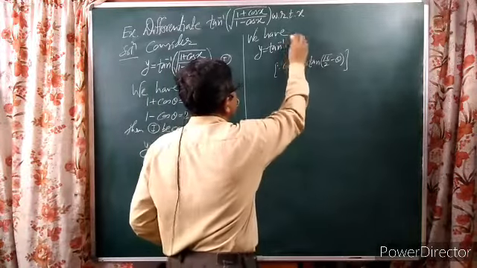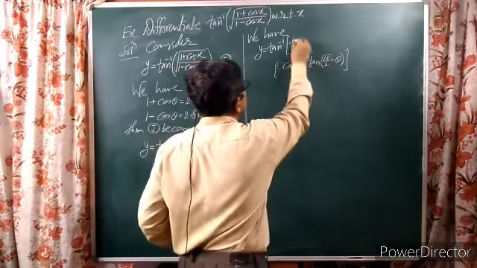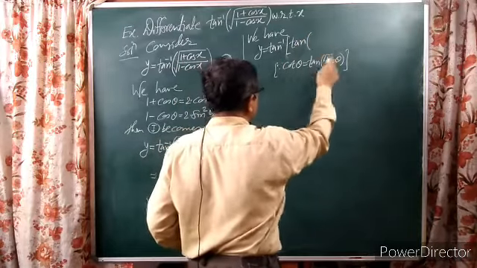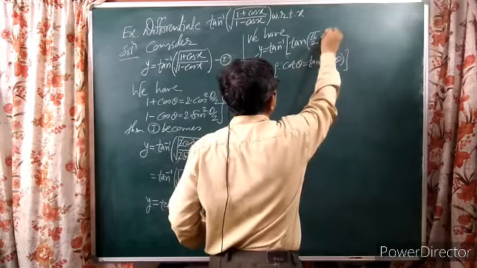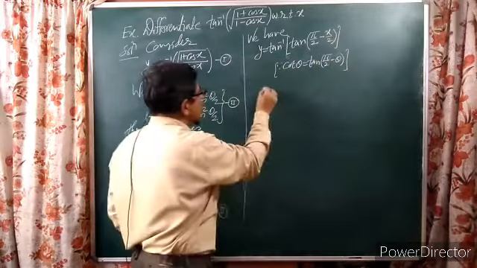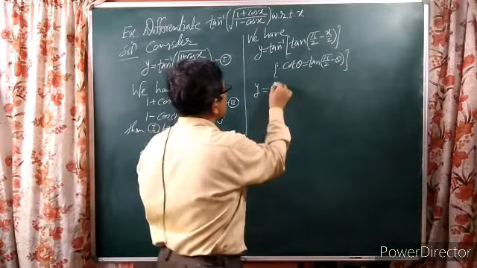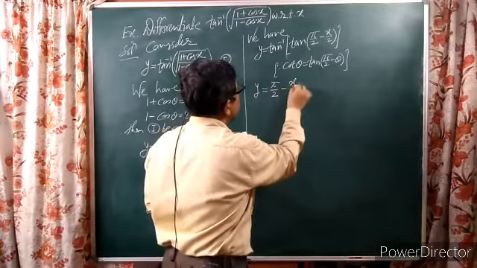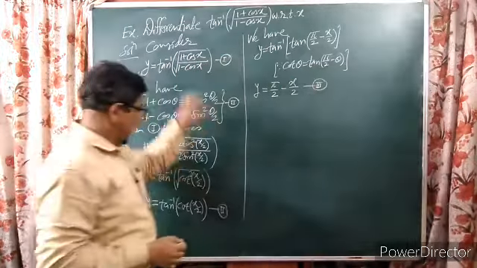So tan inverse of cot of x by 2 can be written as tan inverse of tan of pi by 2 minus x by 2. Now tan inverse and tan get cancelled and we are getting y is equal to pi by 2 minus x by 2. This is the simplified form of the given function.